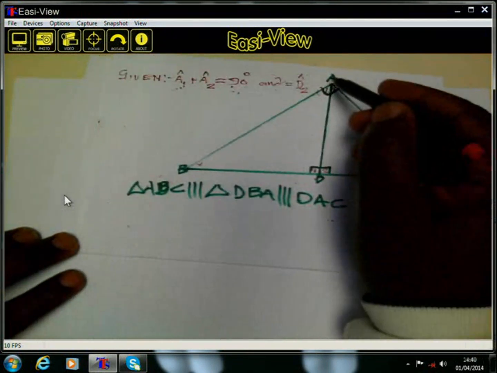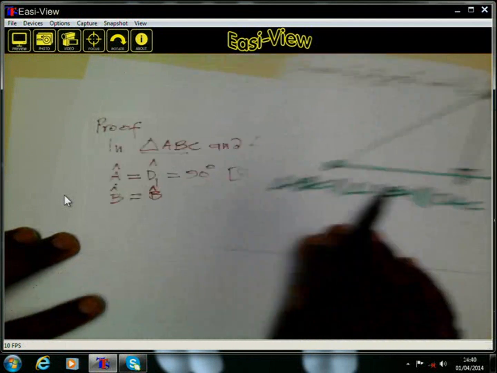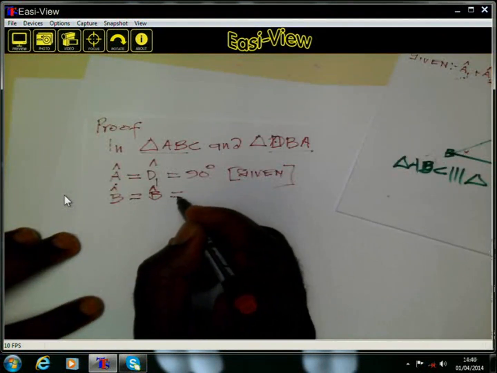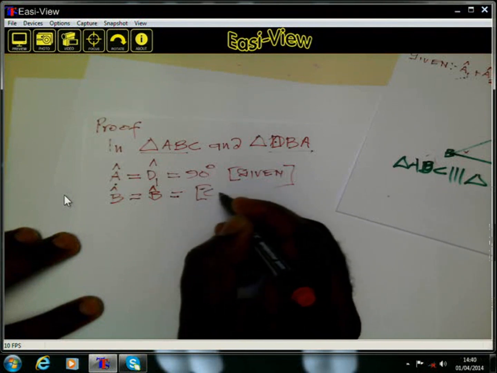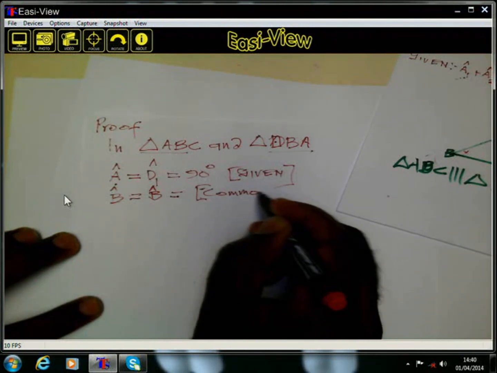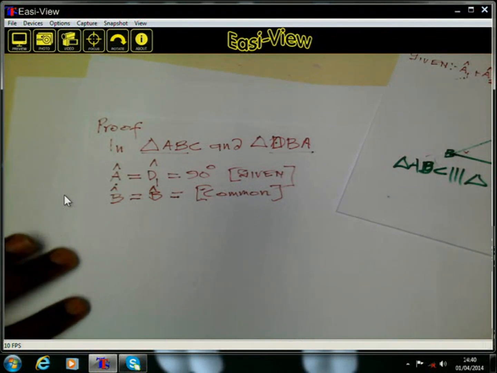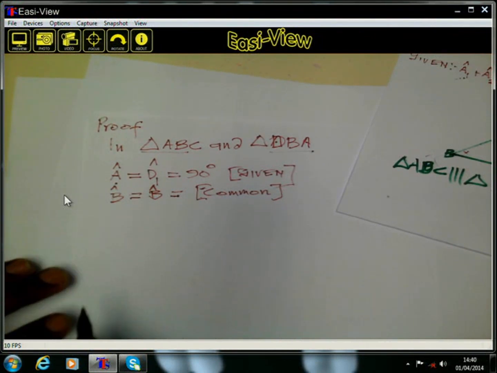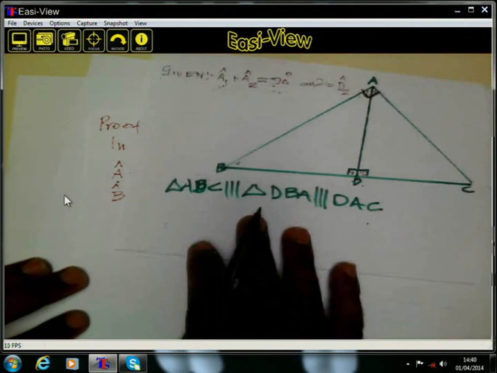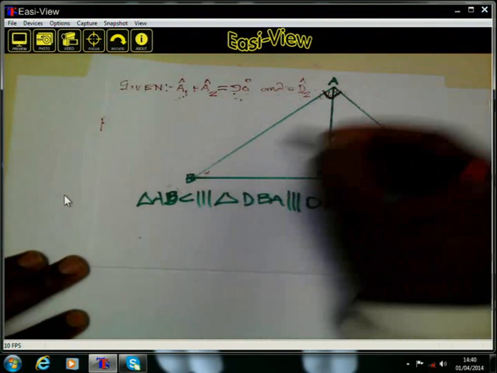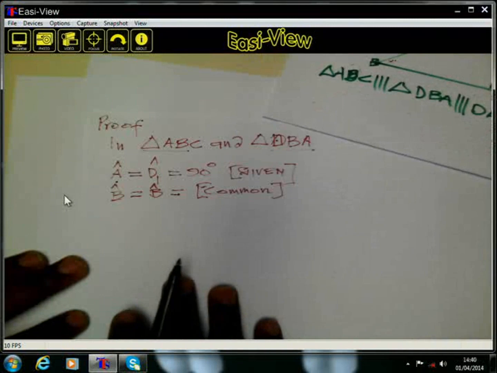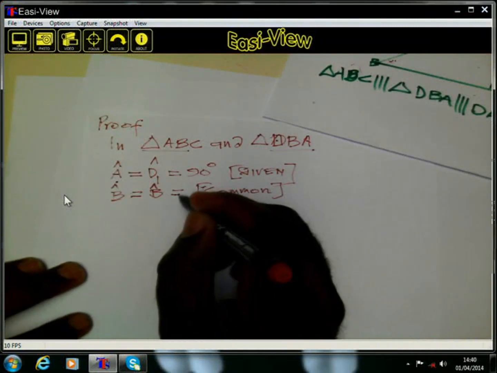Of triangle DBA. The reason for that is this is common. This is a common angle in both triangles. So it means B is common.